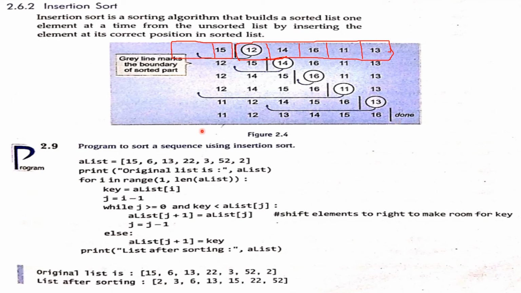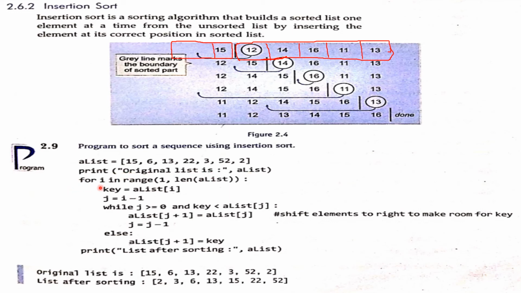Here we will have two loops, one outer loop and one inner loop. In the example you can see a list is taken. The list is holding the elements 15, 6, 13, 22, 3, 52 and 2. Now we are printing the original list, and then this is the outer loop.